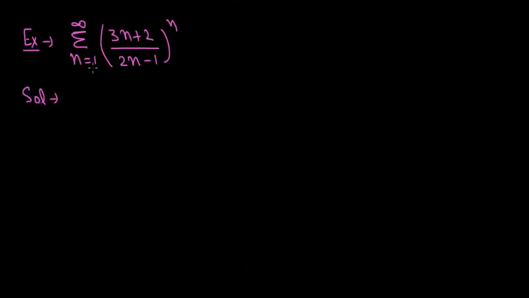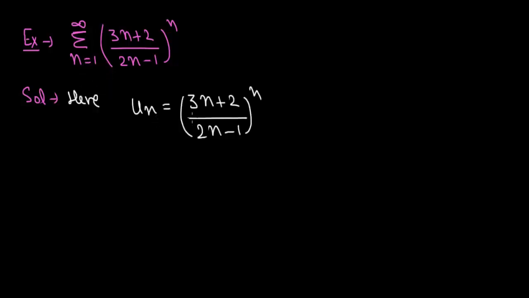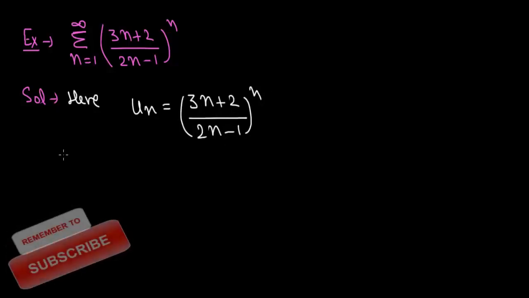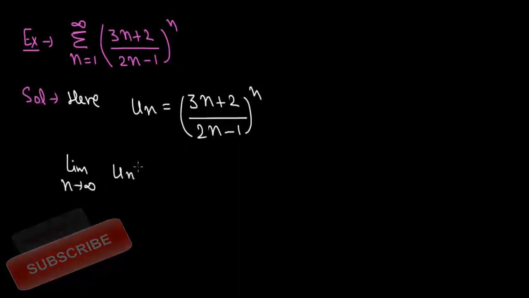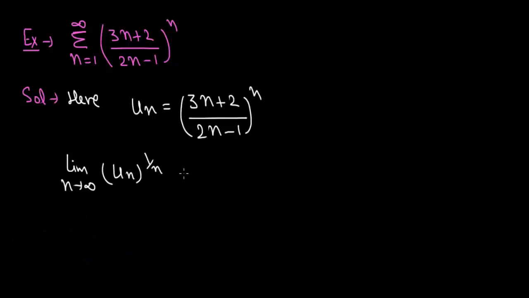Now to understand the concept of the root test, we will take one more example. Here the nth term un is ((3n plus 2) upon (2n minus 1)) whole power n. We use the root test and apply limit n tends to infinity for un power 1 upon n. This gives limit n tends to infinity of (3n plus 2) upon (2n minus 1).